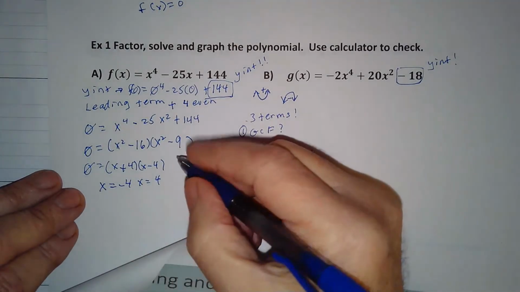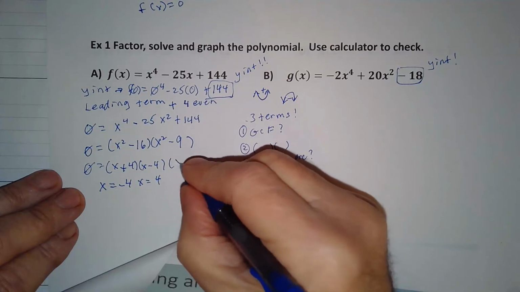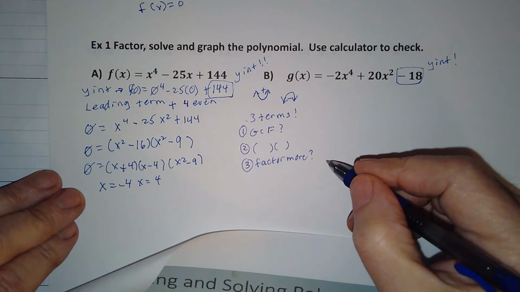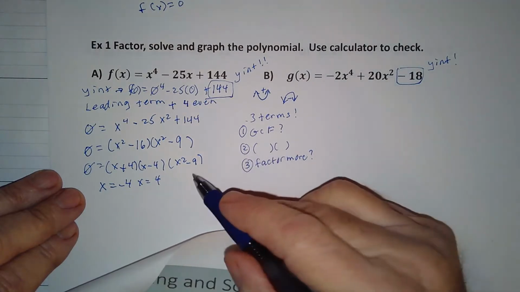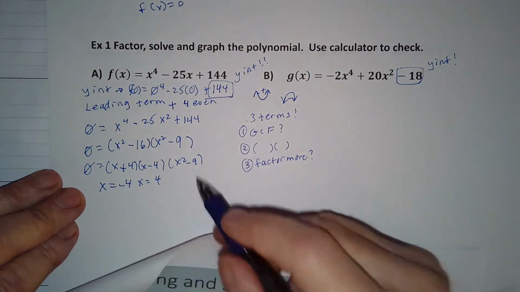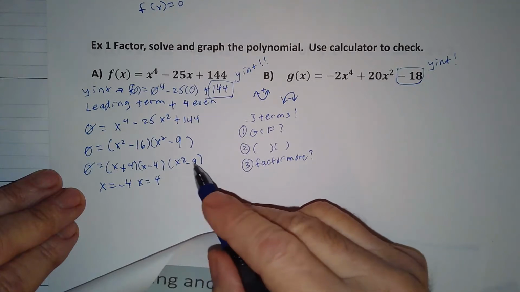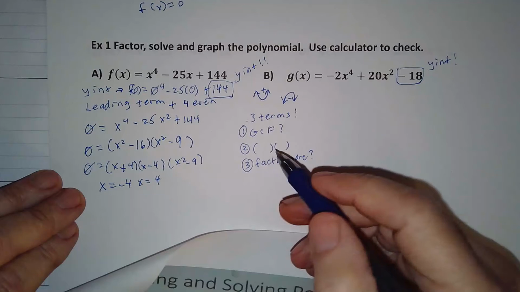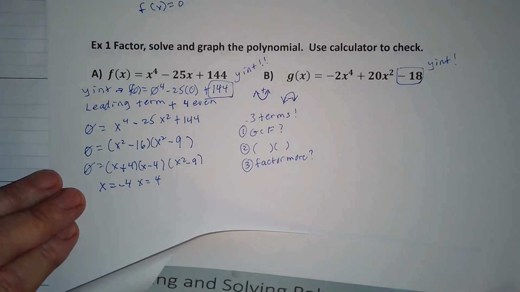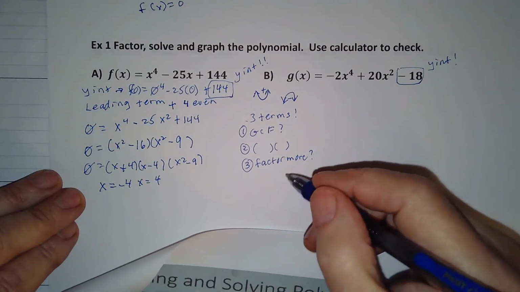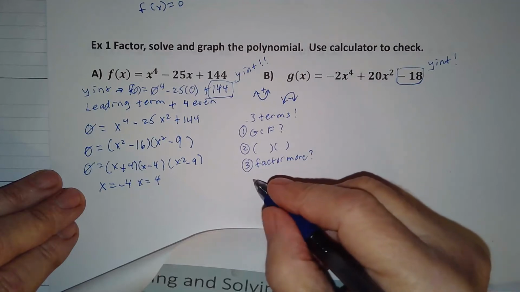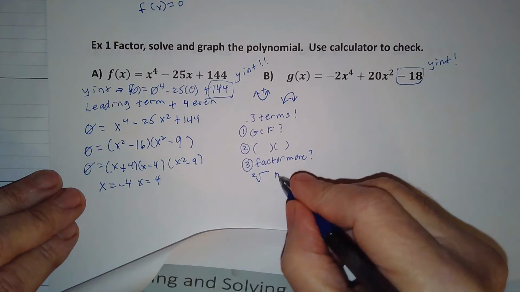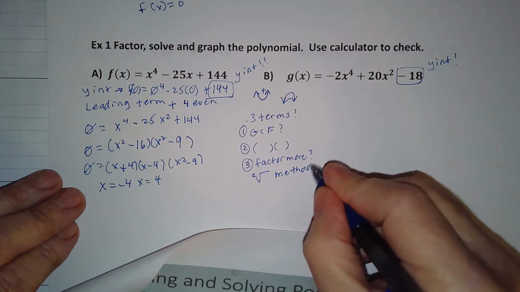So we have our first two solutions for x when y equals 0. Now, x squared minus 9 here, we can do the same thing. We can double bubble that. But you notice we could use the square root method here. If we add 9 to both sides, we get x squared equals 9. So we have a positive number, and you can always take the square root of a positive without trouble. So let's do that. We're going to use the square root method.